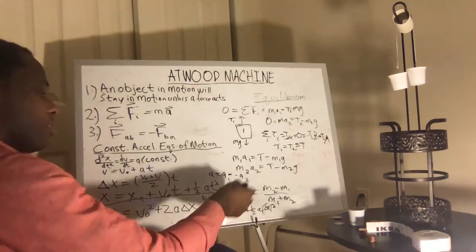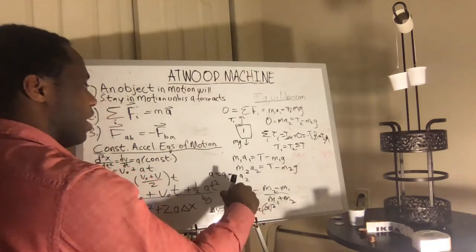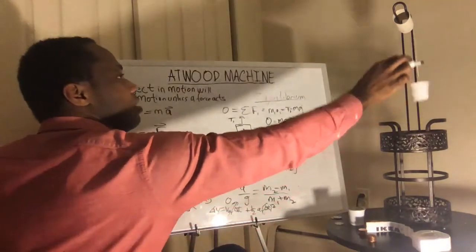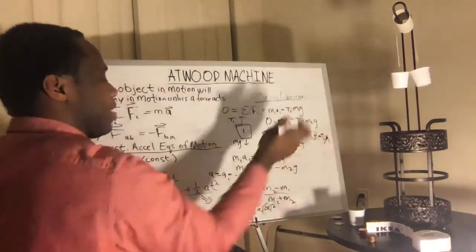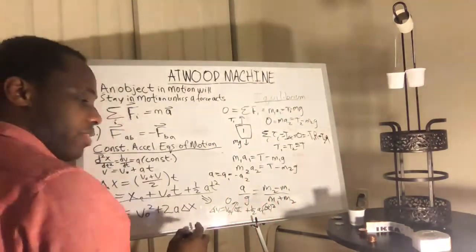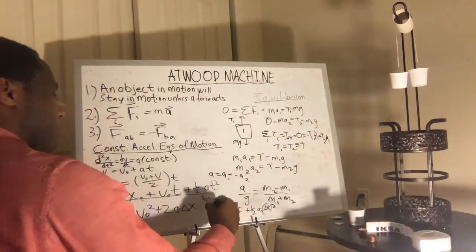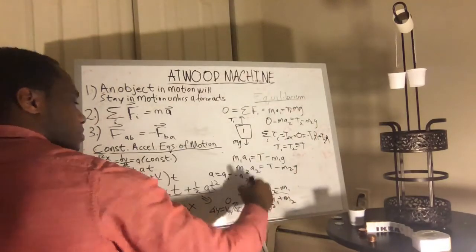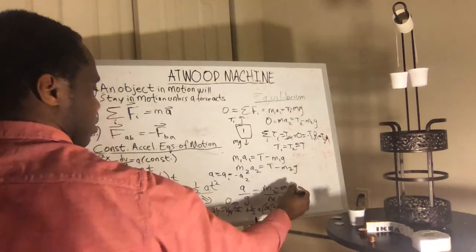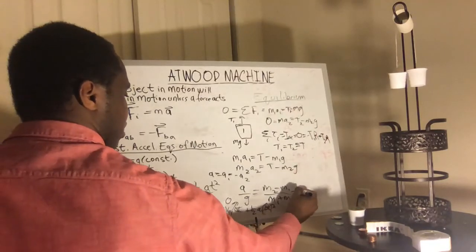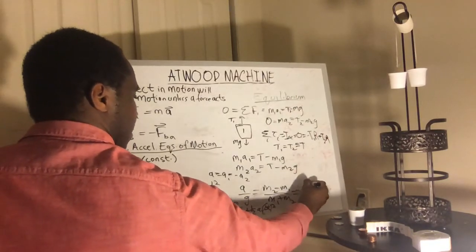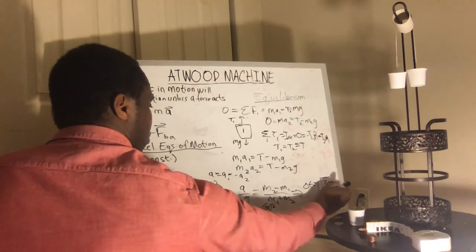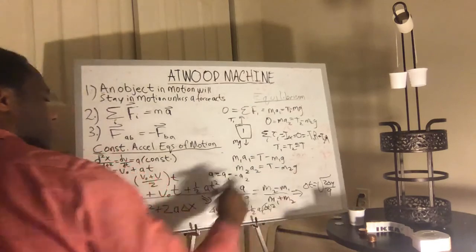Using this, we can estimate the time that this would require under the assumptions that we have. And we should get that delta t equals the square root of 2 delta y over a, where a is solved here. Thank you.